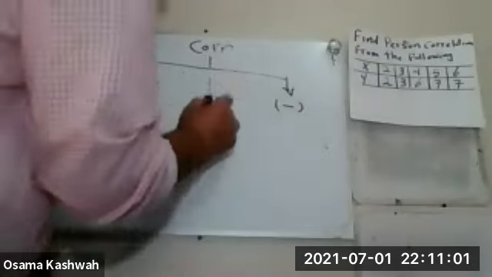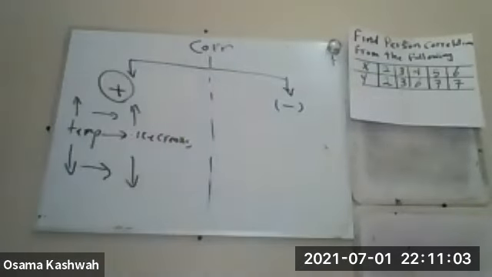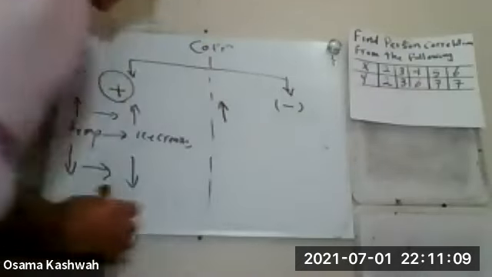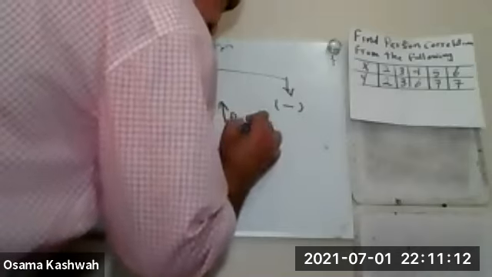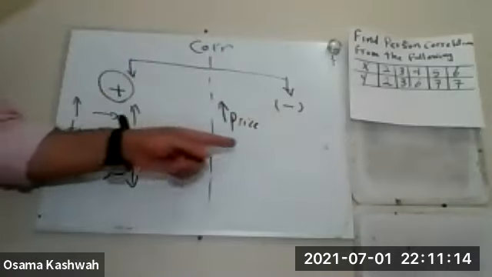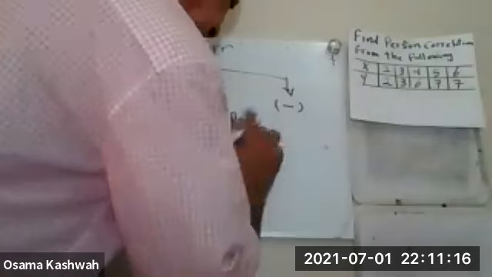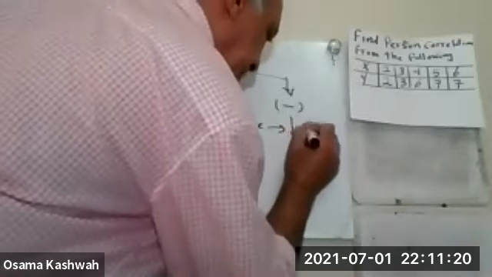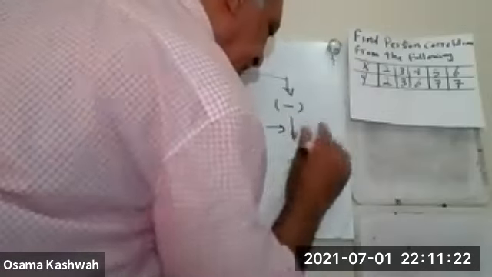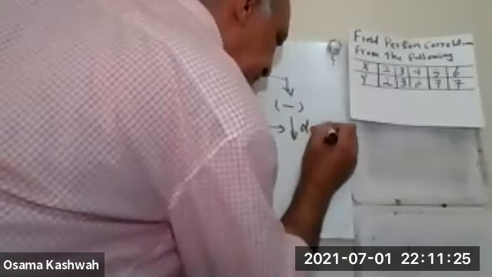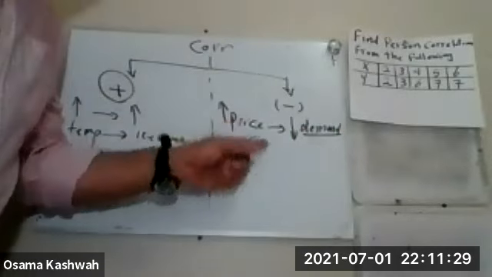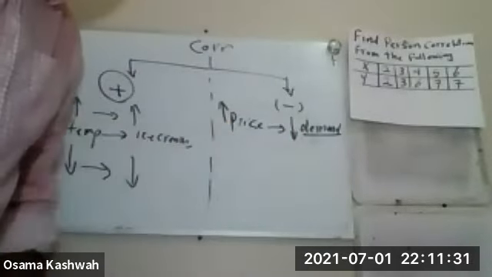And we have a negative relationship. Negative means one up and one down. As an example, when the price of any product increases, the quantity demanded decreases. If the price goes up, people will buy less.